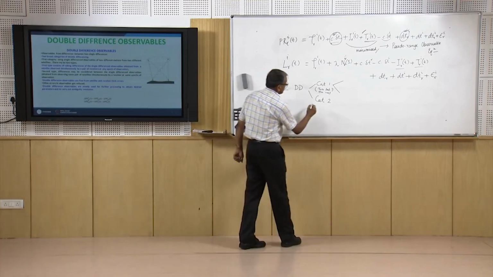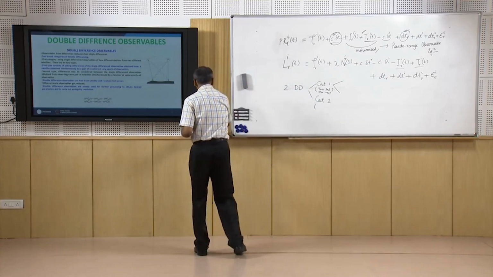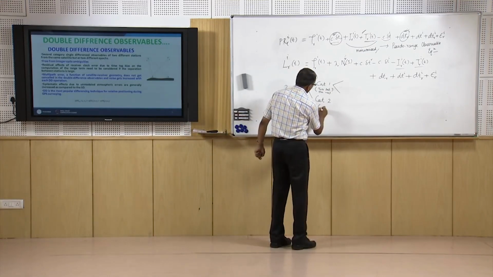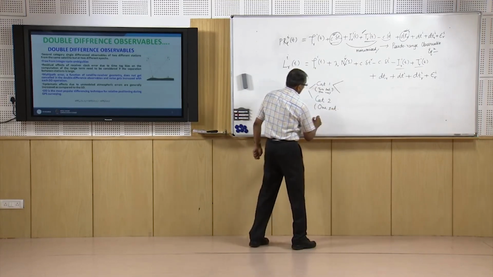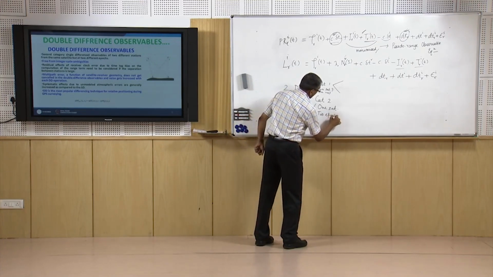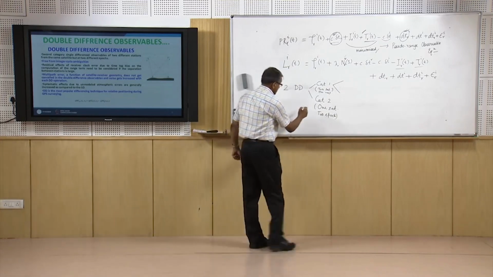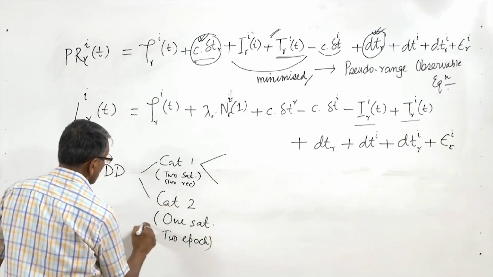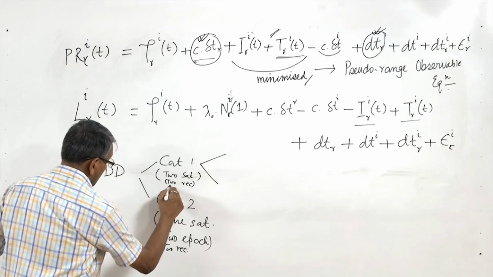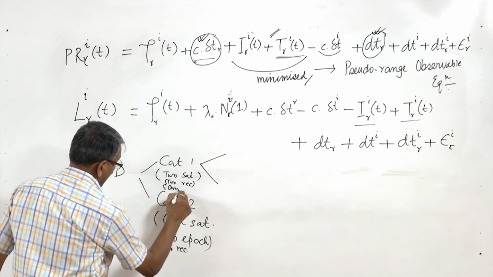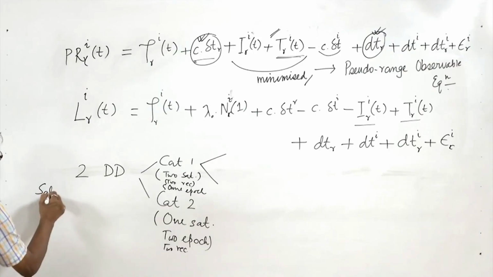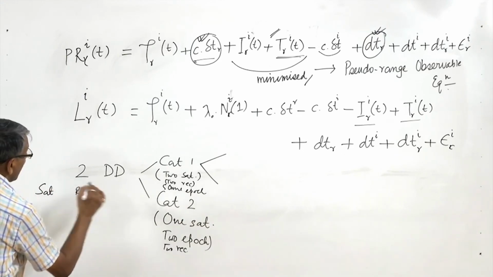Now under category 2 we consider, as you can see in the next figure, one satellite and two epochs. So in both cases it will be two receivers, with one or the same epoch. So we can see there are three variabilities: one is called satellite, another is called receiver, another is called epoch.